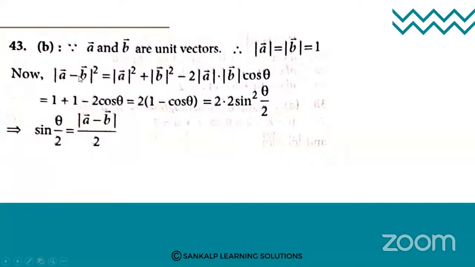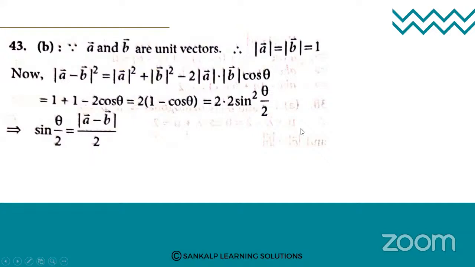We know when we square on both the sides, we get |A − B| whole square. So here what we can do is expand it and substitute the values of mod A and mod B, which are 1 and 1. So on simplifying, we get 2 into 1 minus cos θ. If they find cos θ, the calculation is difficult, so they are converting it into sin θ/2.